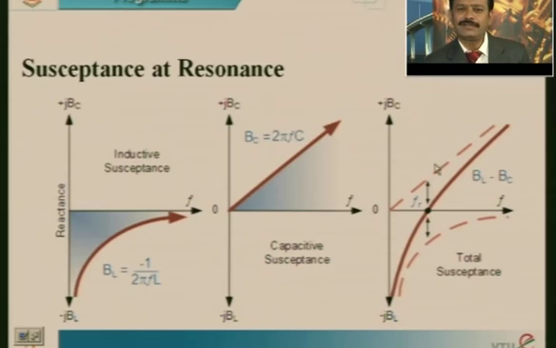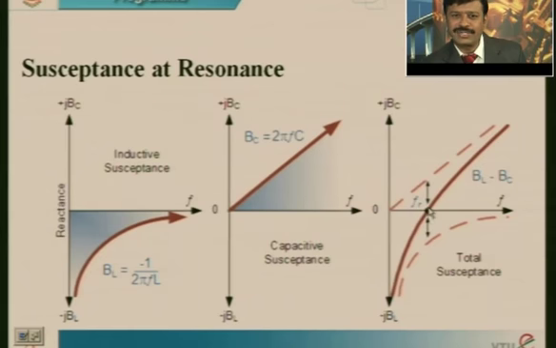And coming to the third graph, both susceptances are taken in this graph versus frequency, and the curve is passing through this axis, and this point is called the resonating frequency, because the curve intersects the axis at that point.